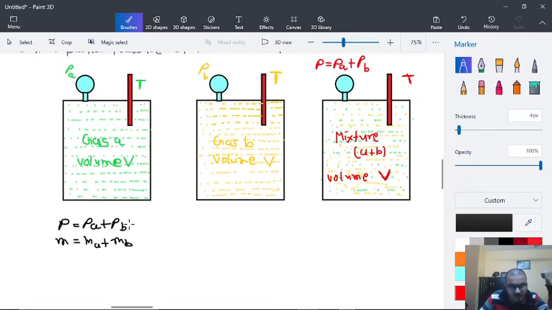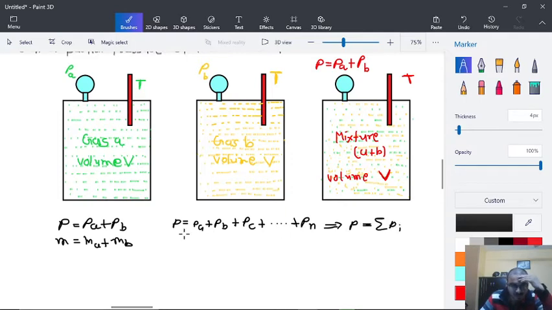Suppose we need to generalize this, then we can say P = PA + PB + PC + ... up to Pn, so P = sigma Pi.